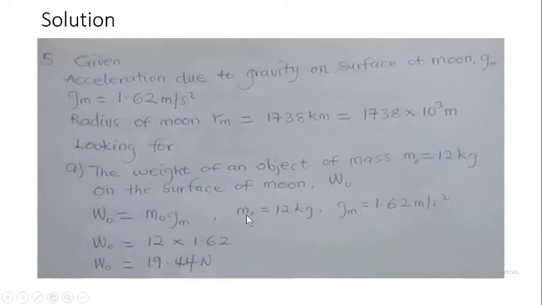We know the mass to be 12, gravity to be 1.62. So you carefully slot in the values into this expression, and then you get the weight of the object to be 12 times 1.62, and then when you press your calculator carefully, you get the weight of the object to be 19.44 Newtons on the Moon's surface.